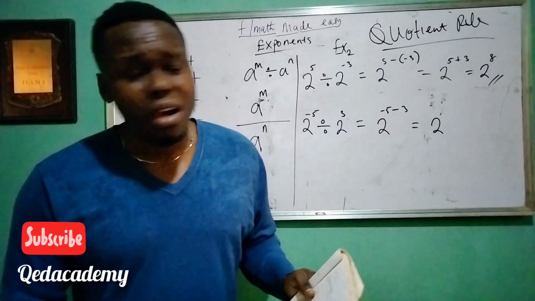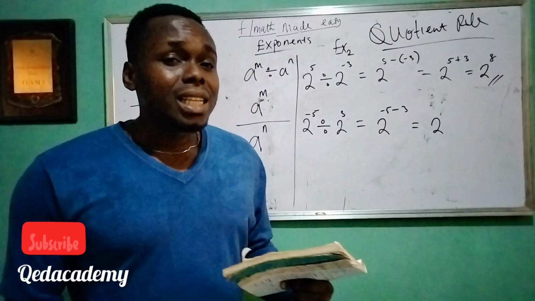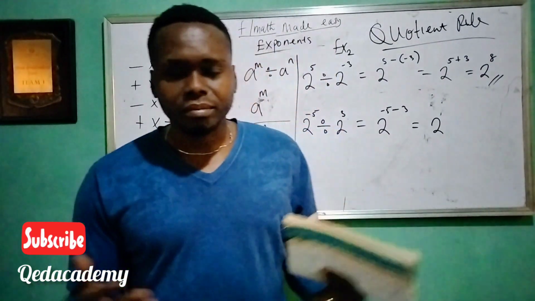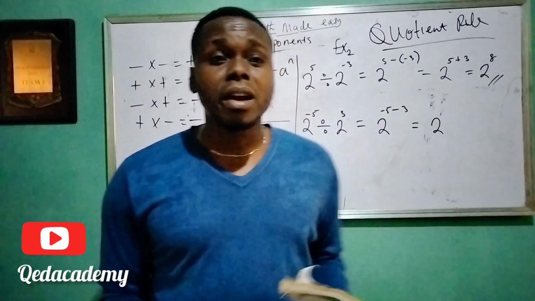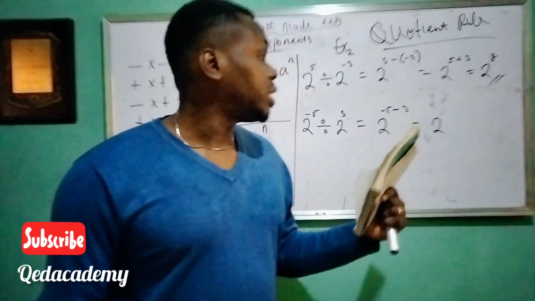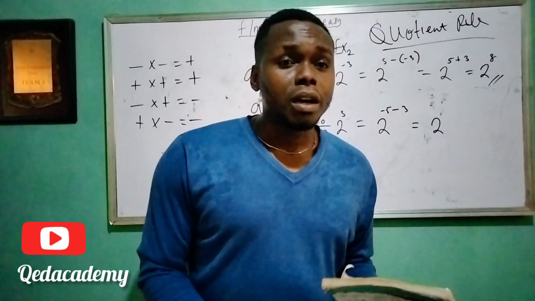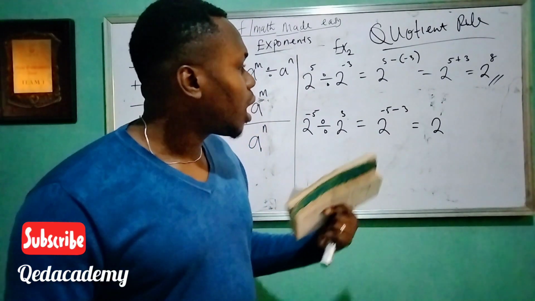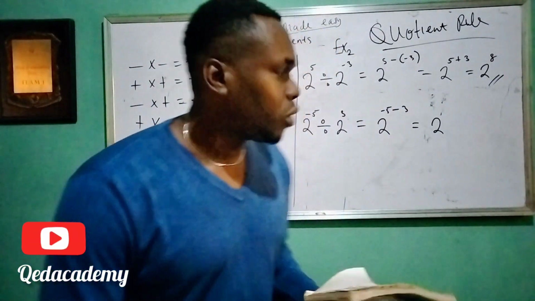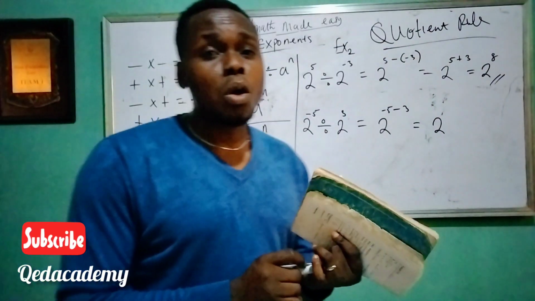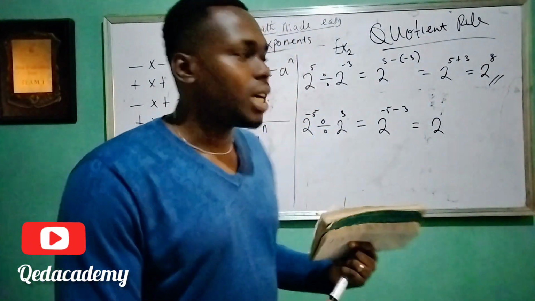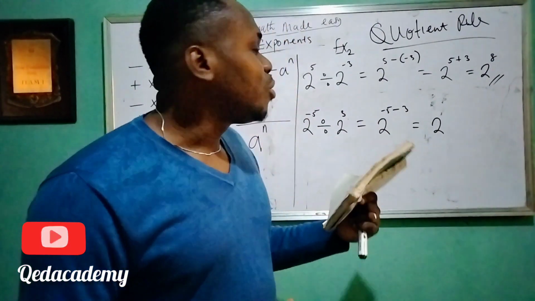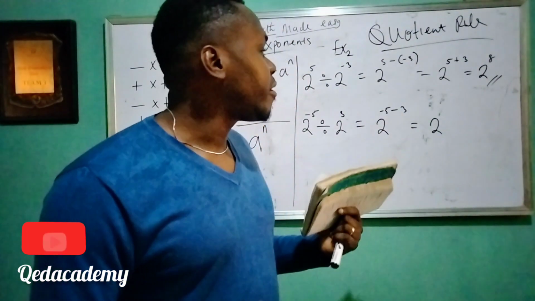But for those in the junior class, junior secondary school, I'm speaking from Nigeria right now, they will use a concept called the number line to really understand this. For those in the senior class, you should know by now minus 5 minus 3.